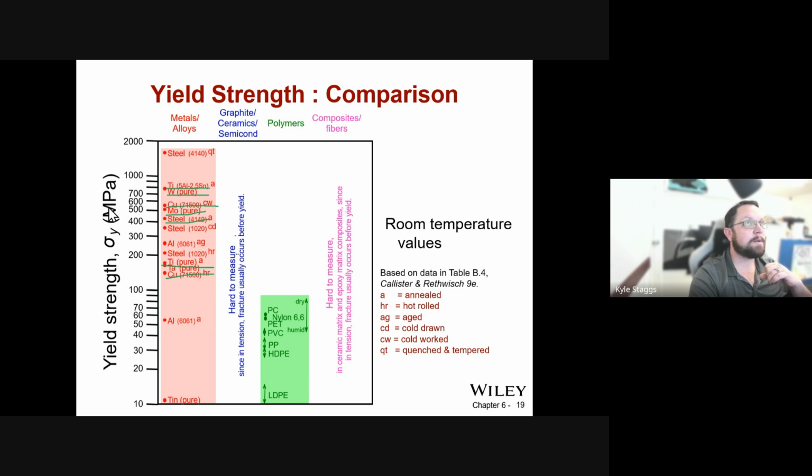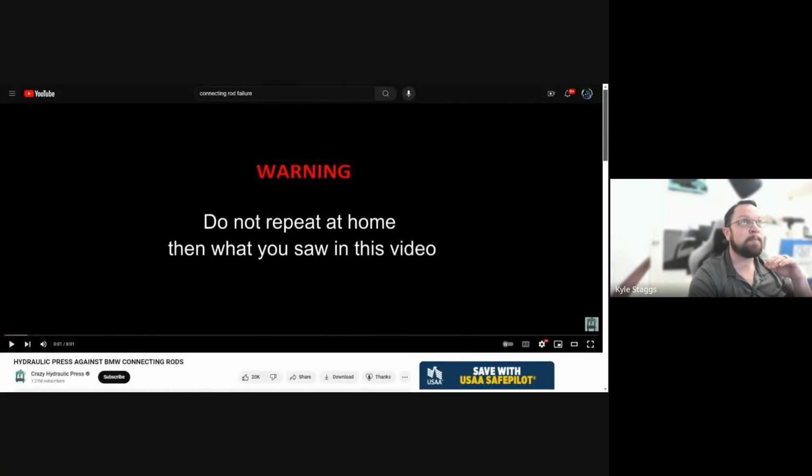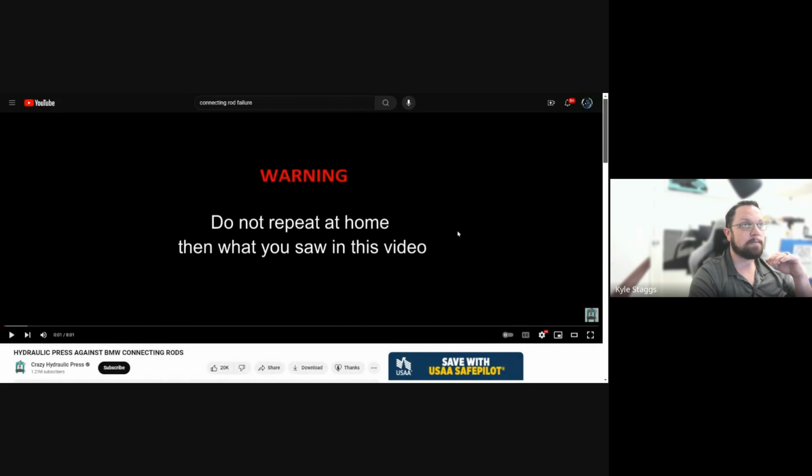Here we go. Okay, very clear demonstration with a controlled force. That's what I'm looking for, a controlled force. There's multiple things that are happening there all at the same time. But this will give you a pretty good idea of what the force is and what the result is.